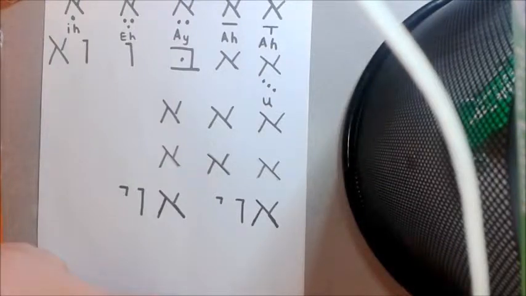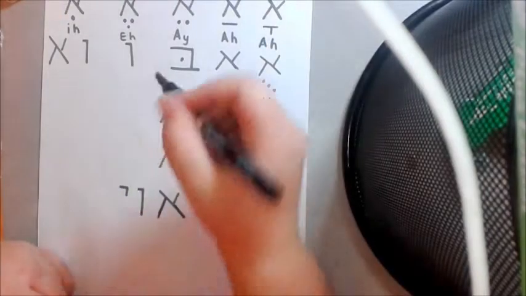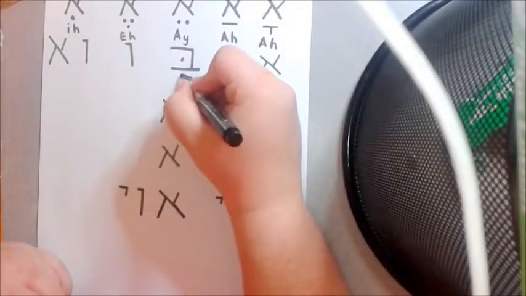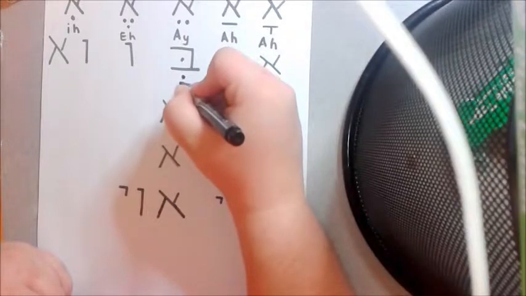So the reason that I put the bet on here is because there is a vowel that doesn't really work underneath the aleph. You need a sound for this one. And what it is is vertical dots.